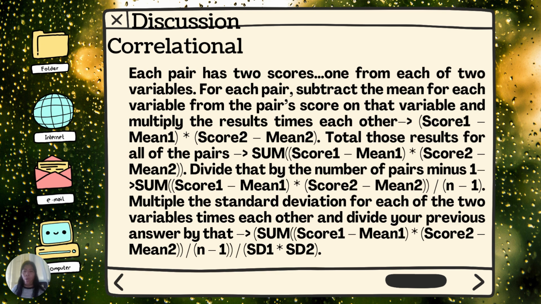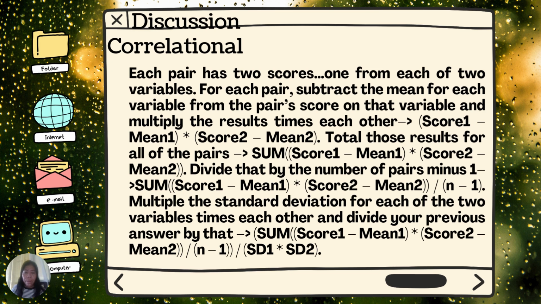Each pair has a score, one from each of the two variables. For each pair, subtract the mean for each variable from the pair's score on that variable and multiply the results: score 1 minus mean 1 multiplied by score 2 minus mean 2. Total those results for all of the pairs. Divide that by the number of pairs minus 1.